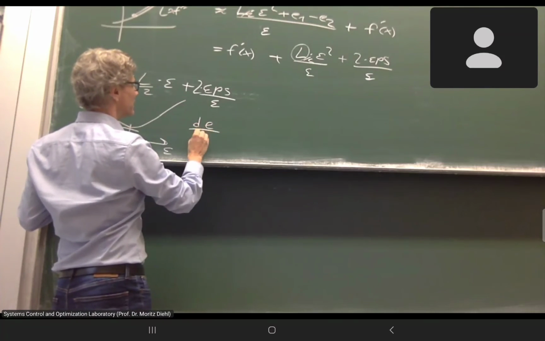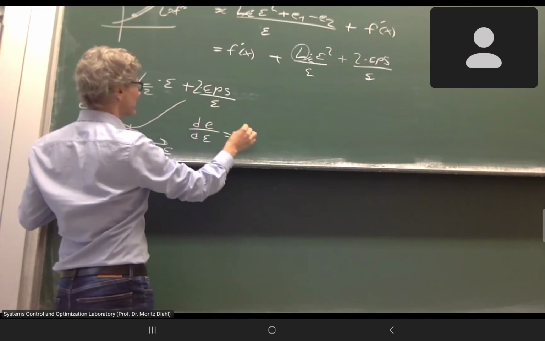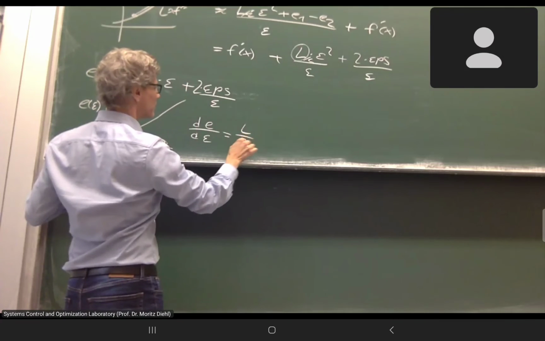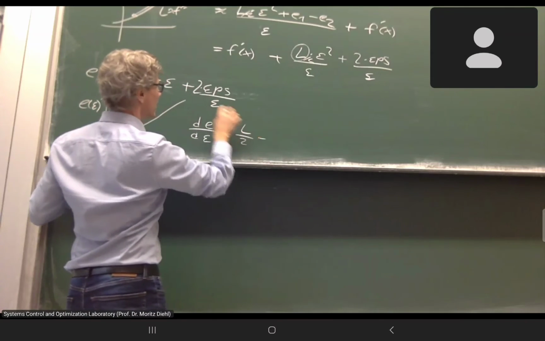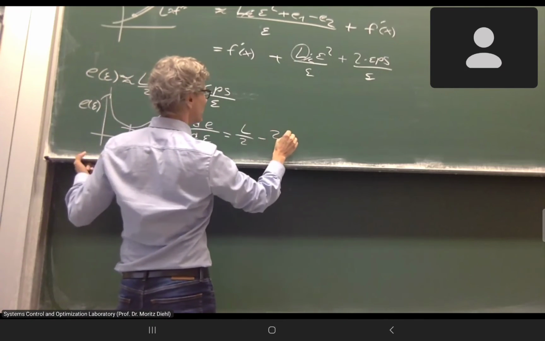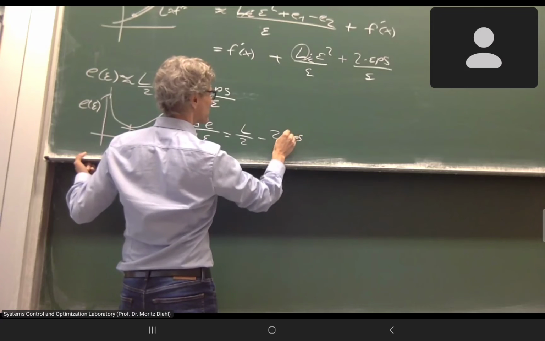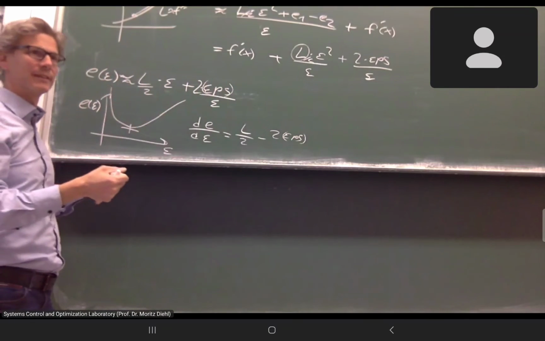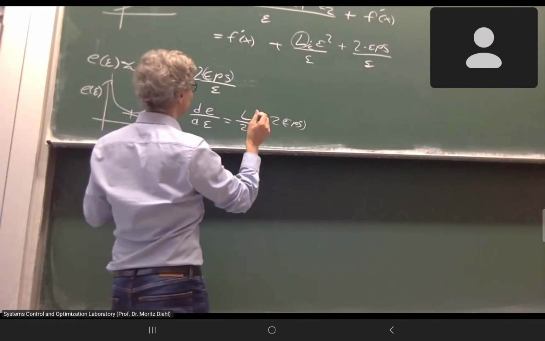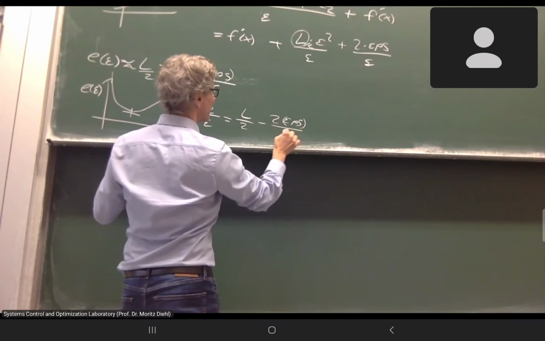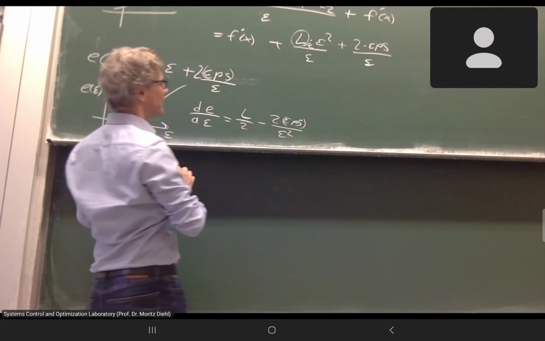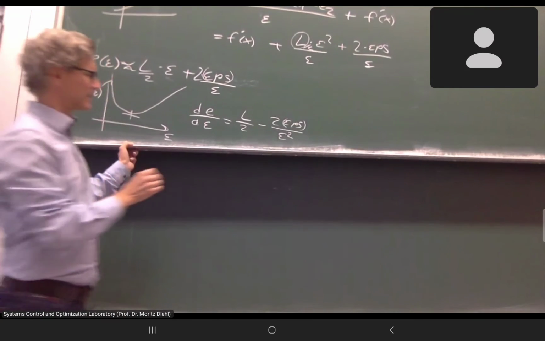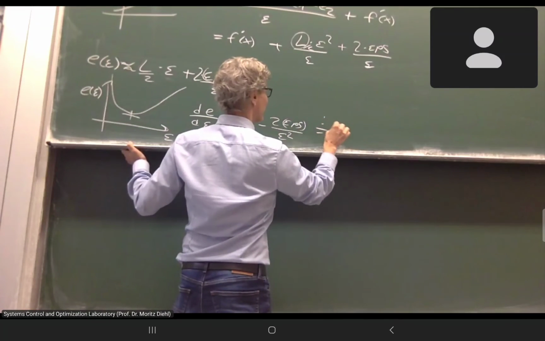The derivative of E with respect to epsilon is actually L divided by 2, and then minus 2 times x, where x is not a number, this is not very nicely written, but I mean the abstract machine precision, divided by epsilon squared, right? That's it, and that should be 0.